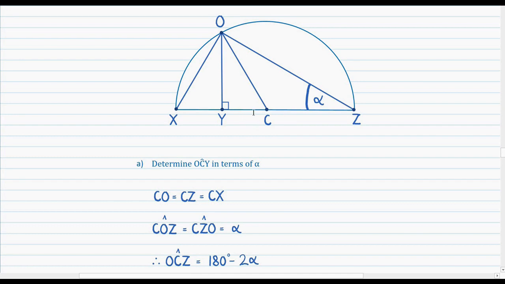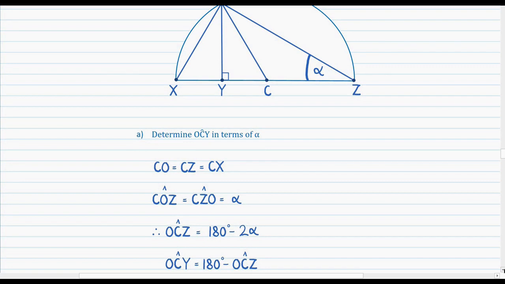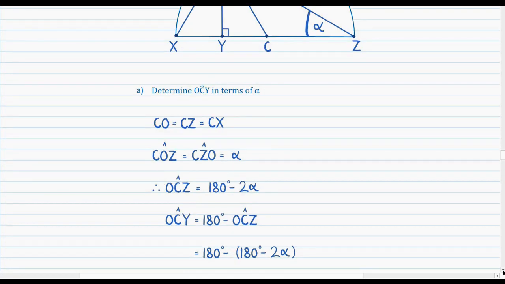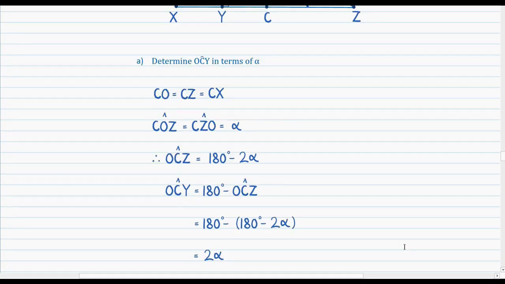Therefore OCY would be equal to 180 minus this angle. Therefore OCY is equal to 180 degrees minus OCZ, meaning 180 degrees minus (180 minus 2 alpha), finally giving the angle of OCY as 2 alpha.